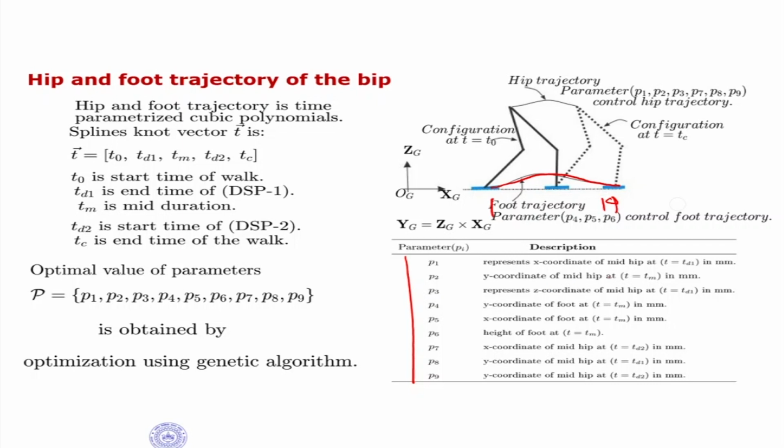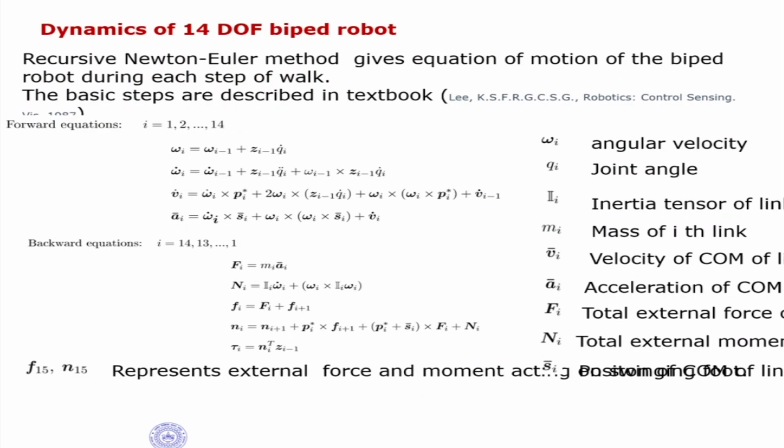P1 represents the x coordinate of mid hip, P2 is the y coordinate of hip, then P3 represents the z coordinate of hip. The x, y, z coordinates of the foot are here, the height of the foot is given here, and the x coordinate of mid hip is given here. So basically we are trying to control the hip trajectory using these parameters, and we can do our dynamics.